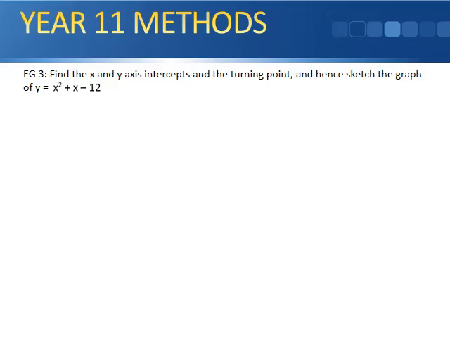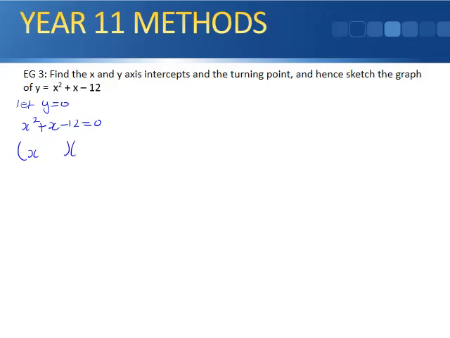Example 3. We've got to find the same thing, but this time we've got x squared plus x minus 12. So I'm going to see if I can factorize it by leaving y equal to 0, because this is what you do, and that gives you the x-intercepts. So x squared plus x minus 12 equals 0.